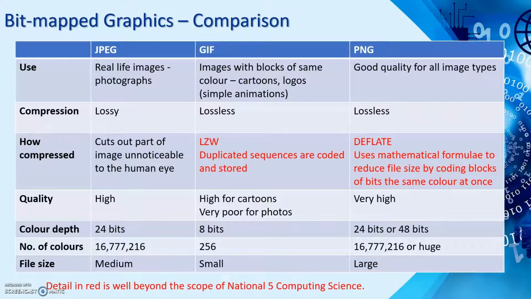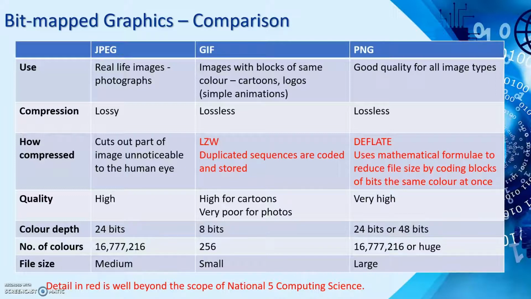Now this is a summary, a comparison of all of the bitmap graphics. Okay, now you don't need to know all of the information. In particular, please ignore the information in red. But we've got JPEG. It's used for real life images and photographs. Lots and lots of different colours. So, if it was a picture of a forest, lots and lots of different shades of green, the shadows, everything.